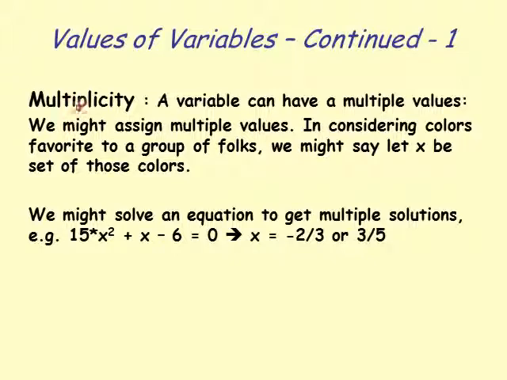Okay, so we can assign multiple values to a variable, that's multiplicity. We might solve an equation to get multiple solutions, like 15 times x squared plus x minus 6 is 0, which has two solutions. One is x is equal to minus 2 divided by 3, or 3 divided by 5.